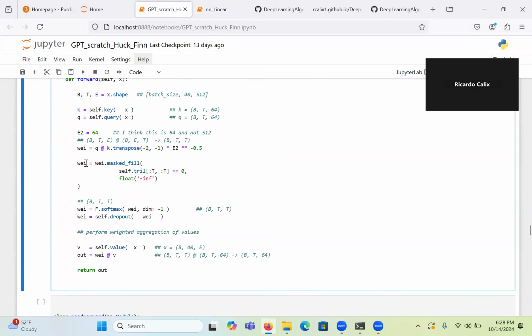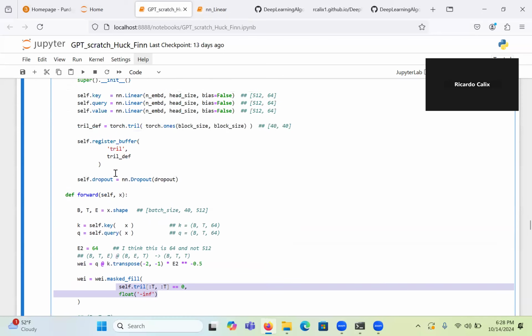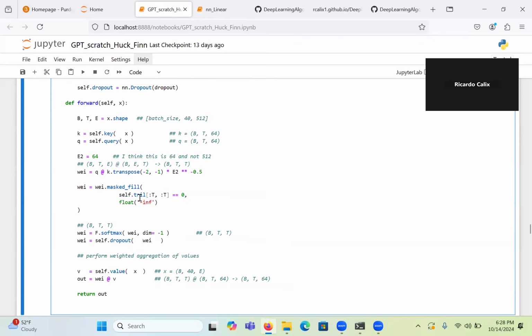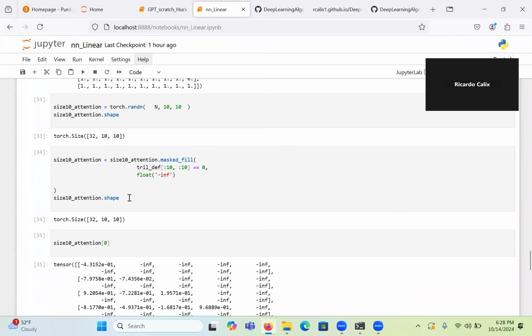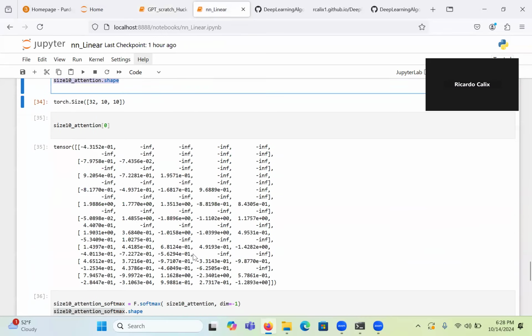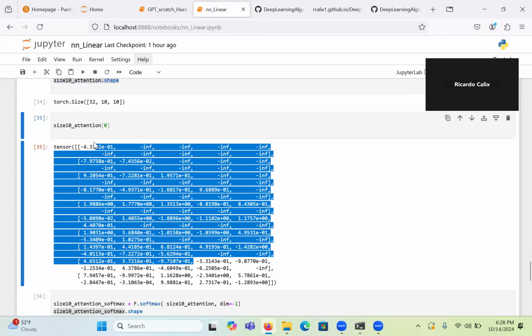And then after that, on wei, you use the function masked_fill, where you apply this mask, okay? The tril mask that we defined here. And then they are set to minus infinity where there are zeros. That's literally what I did here in this operation that resulted in a matrix that looked like that, okay?